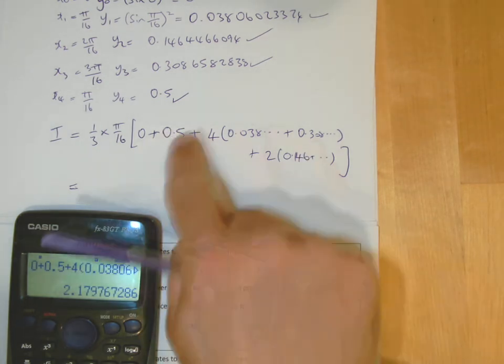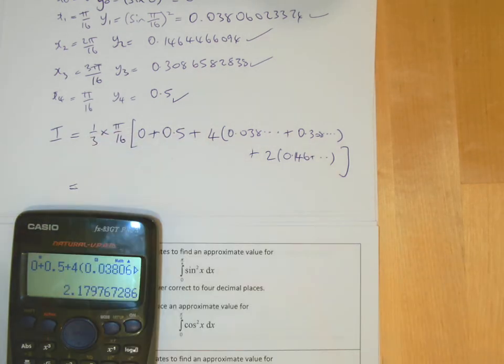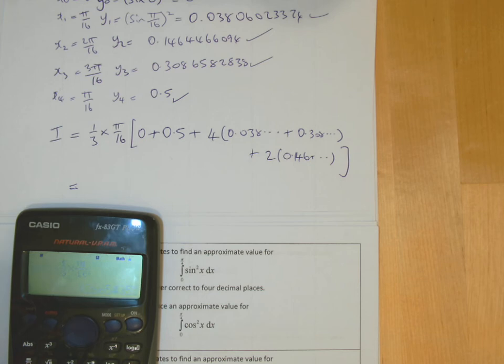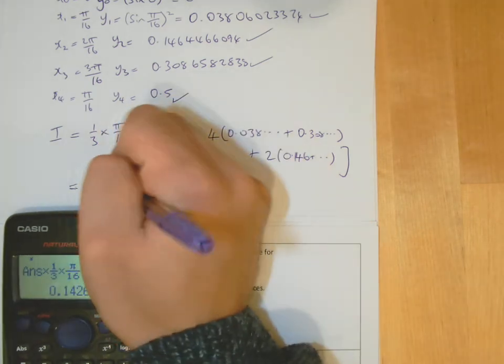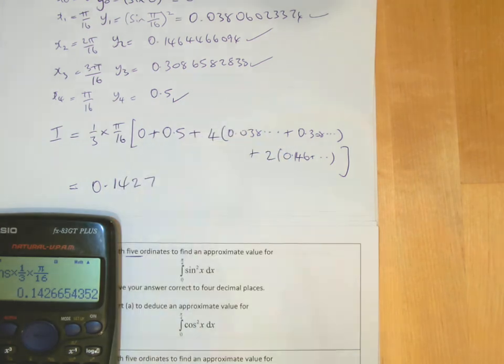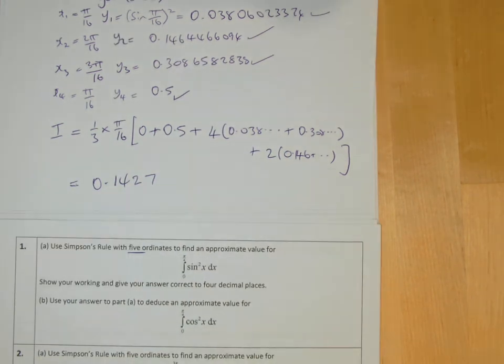So I've worked out all that bracket stuff, and then I'll times it by the third, by the pi over 16. And I get 0.1427, they wanted 4 decimal places. There's my answer there.